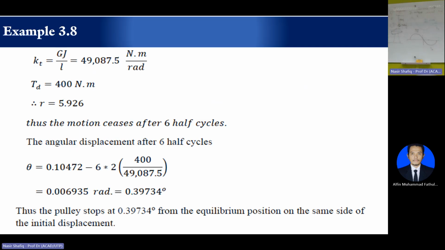So GJ upon L. What G value do they consider?